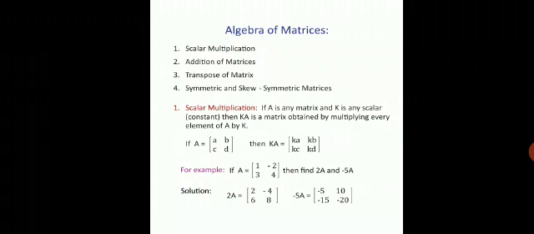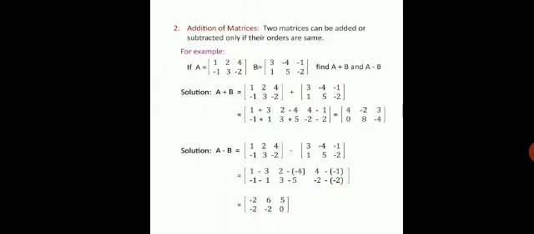Similarly, matrix A is multiplied by minus 5, we get minus 5 into 1, minus 5, minus 5 into minus 2, that is equals to plus 10, minus 5 into 3, minus 15, minus 5 into 4, that is equals to minus 20. Now second one, addition of matrices.